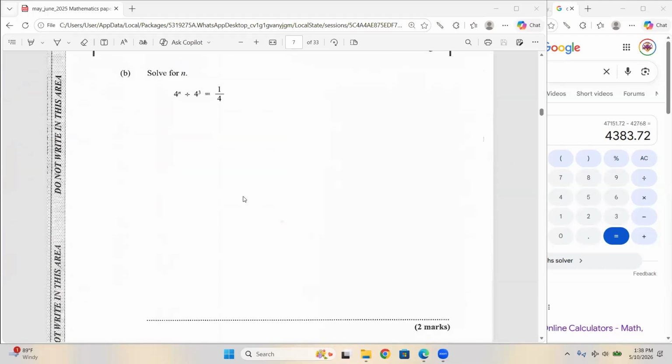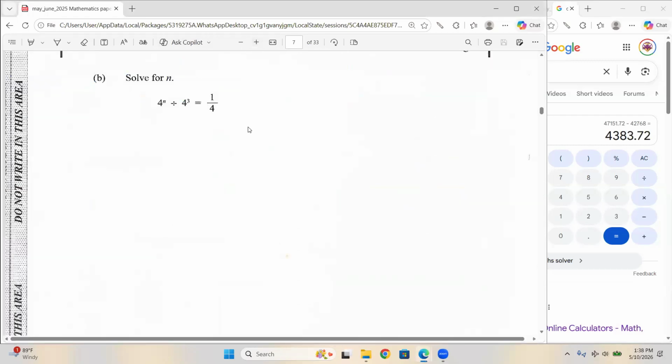All right, so we have this question there, and it states, for n, we have 4 to the power of n divided by 4 to the power of 3 is equal to 1 over 4. So what they want is to find n, right?